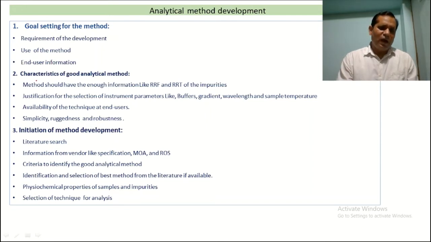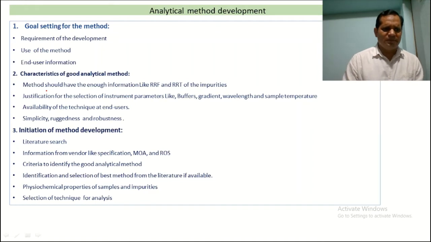Now, after setting this information, we have to see what the good characteristics of an analytical method will be. Based upon these things, we have to finalize our goals and set the method accordingly.